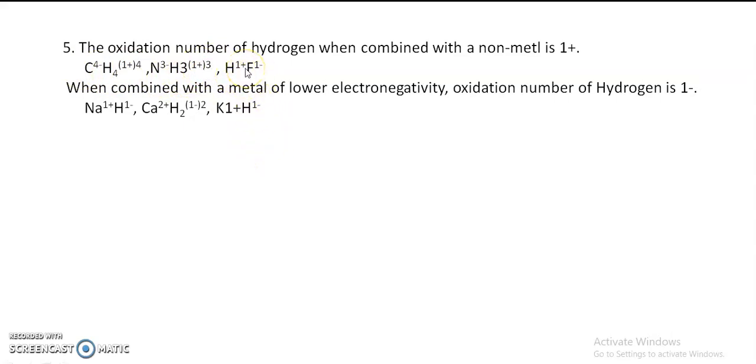And when combined with metals of lower electronegativity, the oxidation number of hydrogen is 1-. Here in NaH, hydrogen has -1 oxidation state, in CaH2, hydrogen has -1 oxidation state, and in KH, potassium hydride, hydrogen has -1 oxidation state.